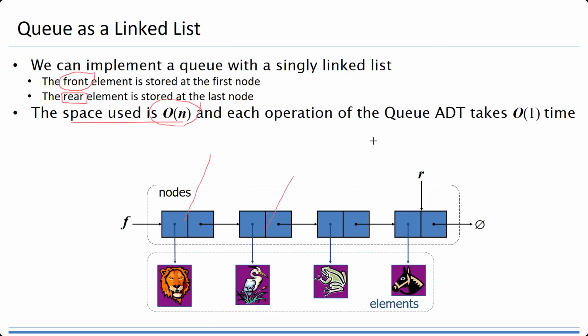So if we have 1, 2, 3, 4 nodes, then it means the space will be O(4), or according to the number of nodes. And the operations of the queue ADT will take O(1). I know if we do the enqueue, dequeue, enqueue will take 1 time, and dequeue will take 1 time.